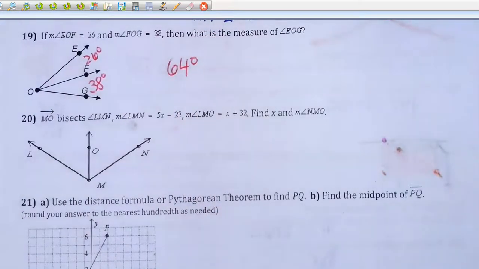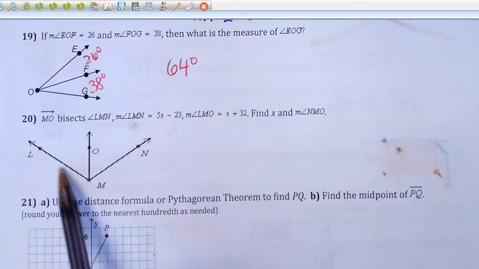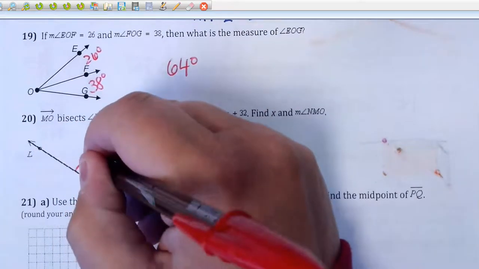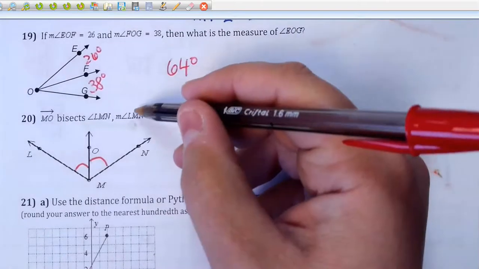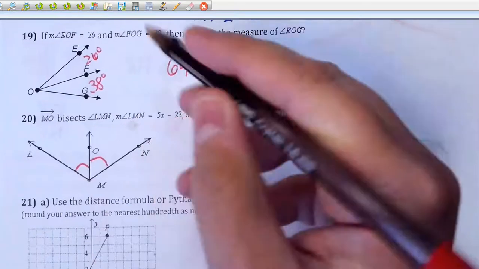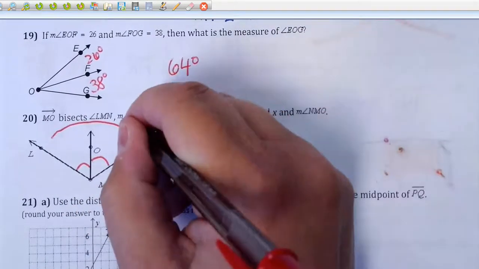All right, this says angle MO bisects angle LMN. So remember, an angle bisector cuts this into two equal angles. So I'm just going to mark both of those as congruent. It says angle LMN, the whole thing, is 5x minus 23.